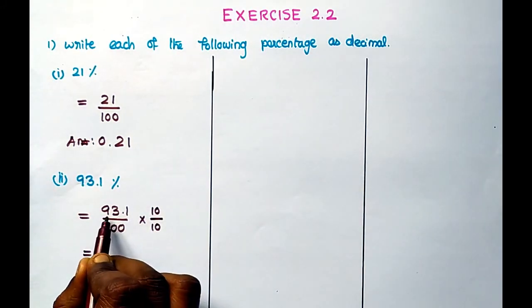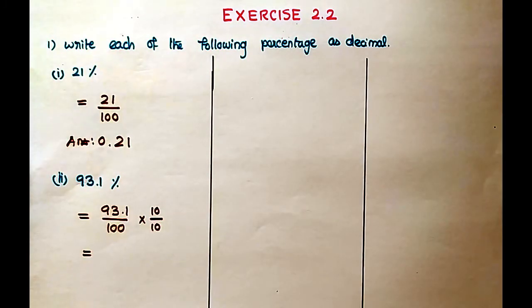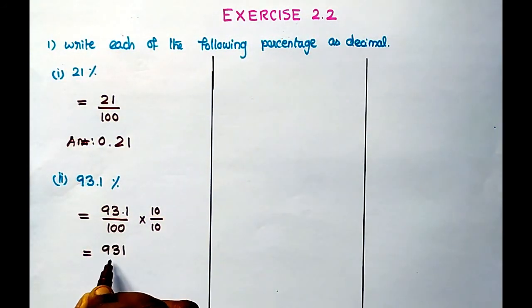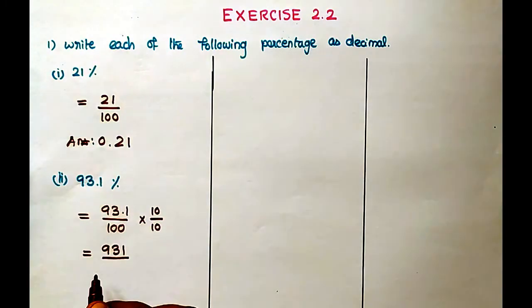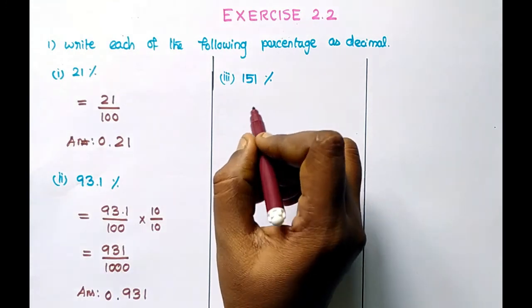We get 93.1 into 10 means 931, divided by 100 into 10, 1000. Now write down the numerator, and 3 zeros are there in the denominator, so 3 digits before we have to keep the point, so 0.931 is the answer.